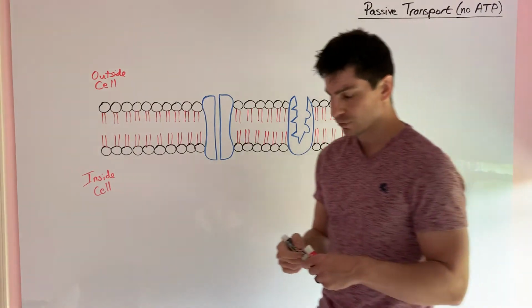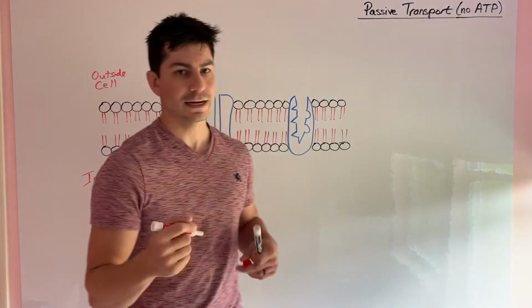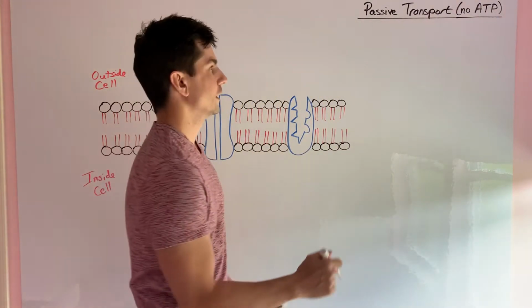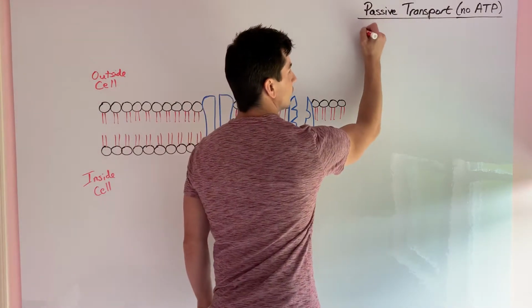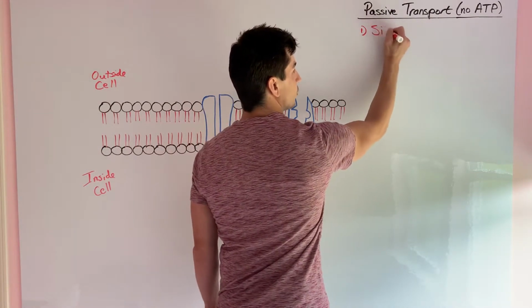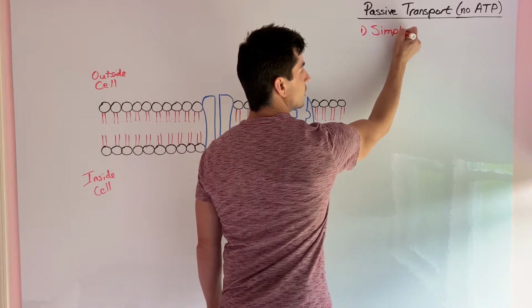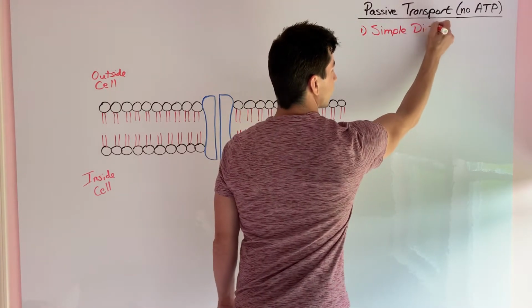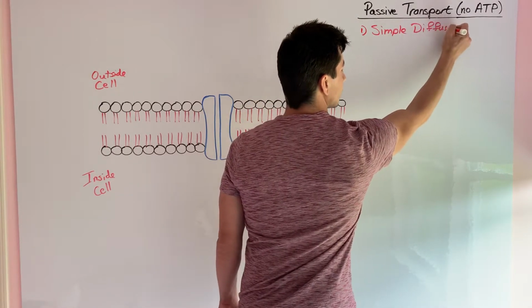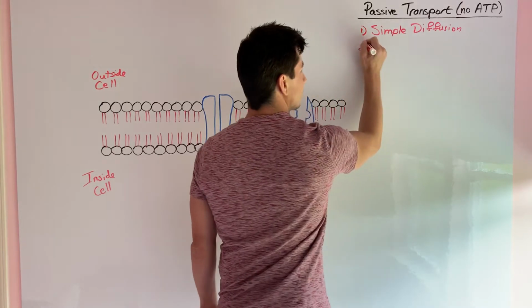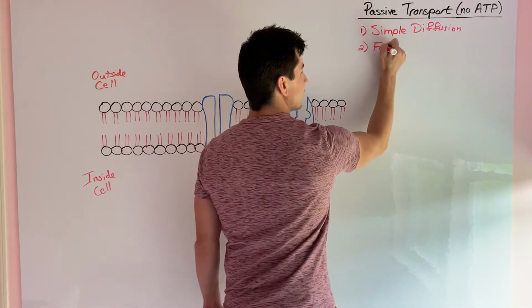Now, passive transport has 3 different types, and in this video, we're only going to go over 2. The first one is just diffusion, or you can call it simple diffusion. The second one is called facilitated diffusion.